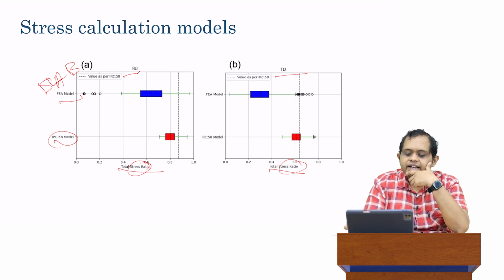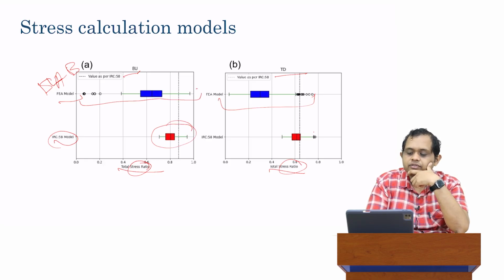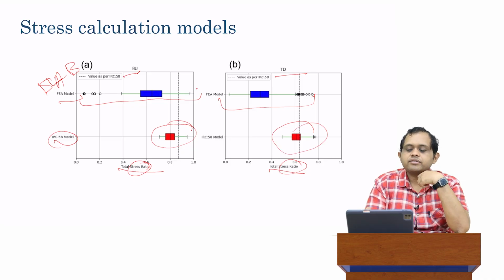What we generally found, again, going with the general theme, is that if these are the stresses which are calculated from ISLAB, and these are the stresses which are calculated from IRC 58, we saw that the IRC 58 stresses are higher. So these stresses which are being calculated using these equations over here, and this, by the way, is total stress. So eigenstress is built into this.